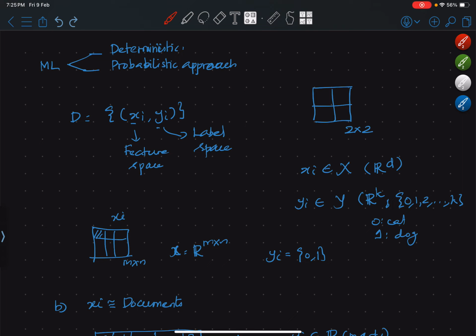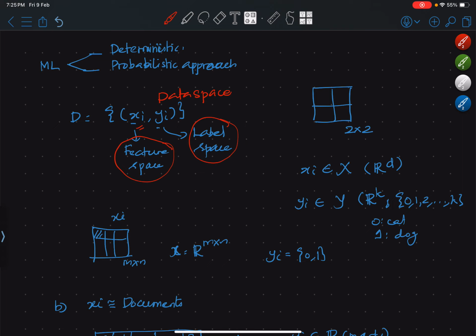So we have something known as data, and data is normally divided into a feature space and a label space. It's divided into both these spaces. Need not always be, we'll see that later as well. Currently, let's understand the setting.